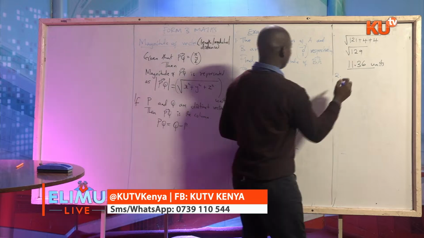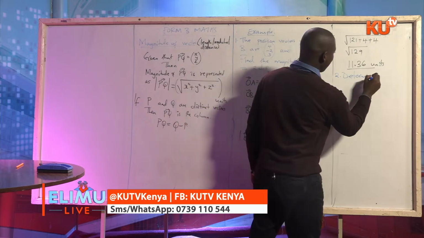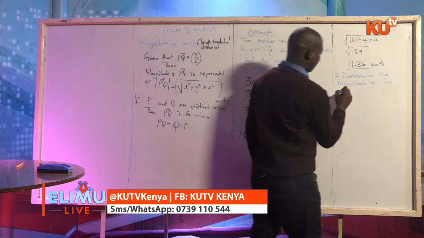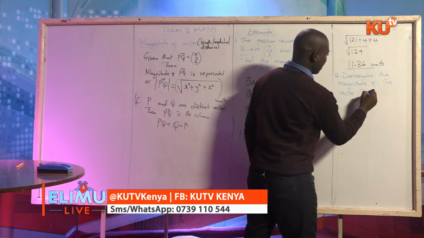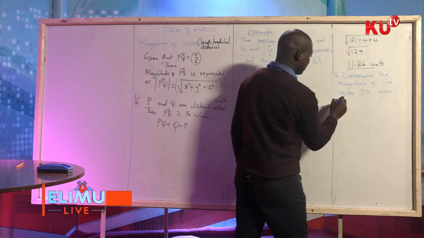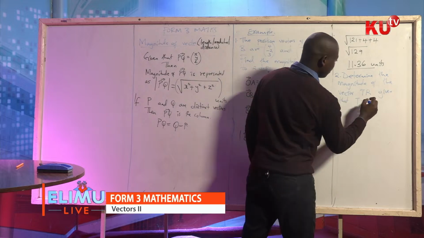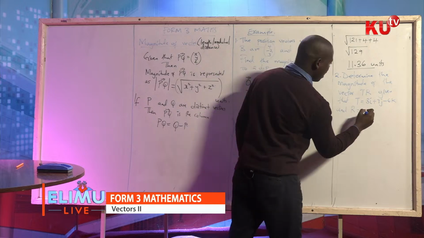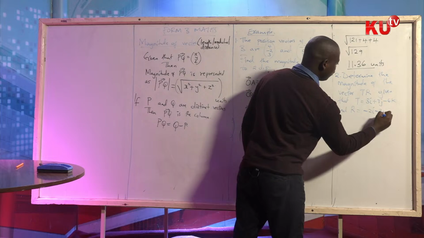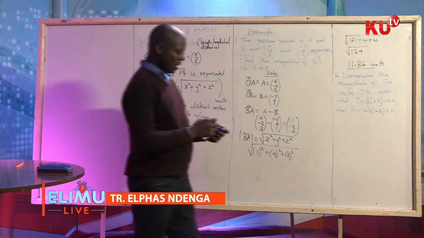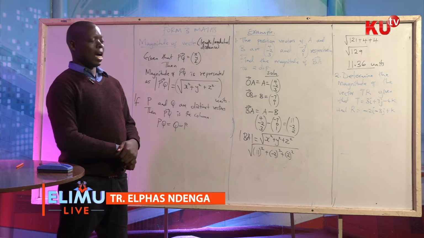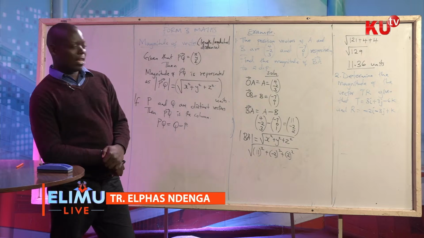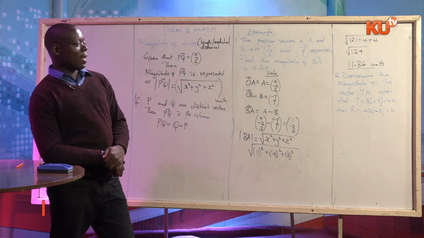Number 2, you are told to determine the magnitude of the vector TR, given that T is 3i plus 7j minus 6k and R is negative 2i minus 3j plus k.